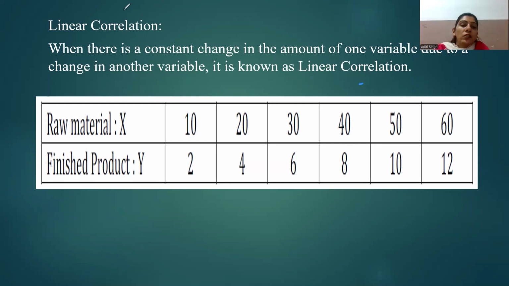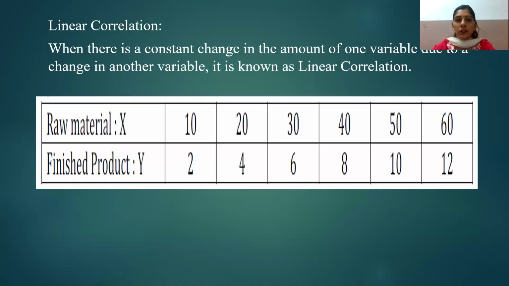So if such variables are plotted on a graph paper, all the plotted points come on a straight line.